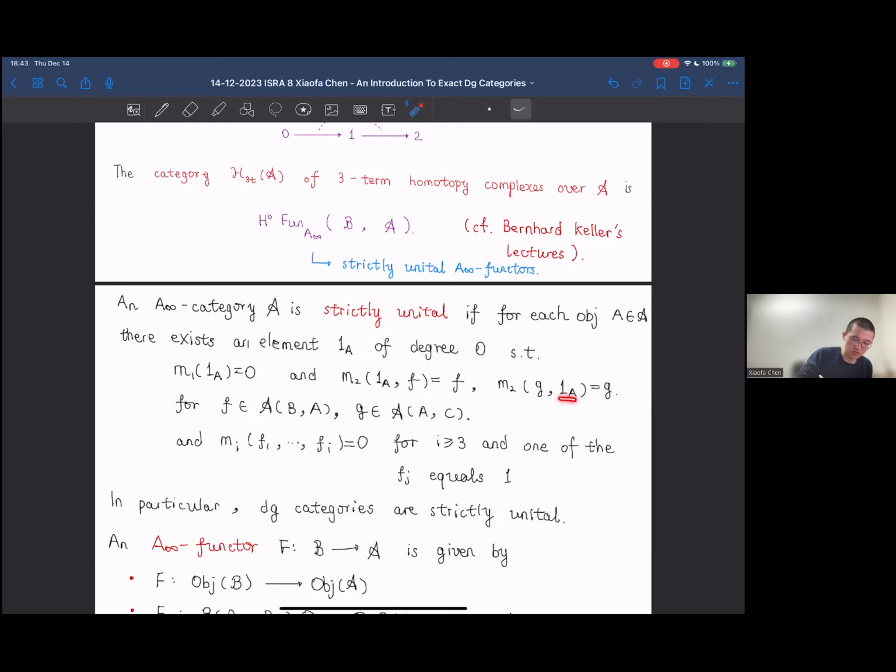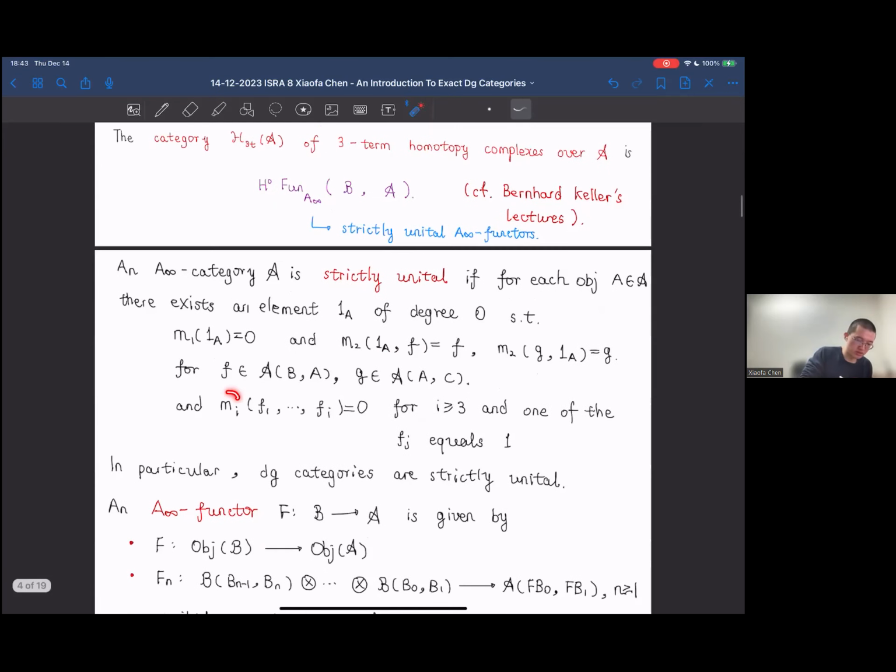So G will start with A and end at another object, and F will start from some object to A. It's composable here, and moreover, the higher multiplications m_i acting on a family of morphisms will be 0 when this i is greater or equal to 3, and at least one of the morphisms is identity of some object A in the category.